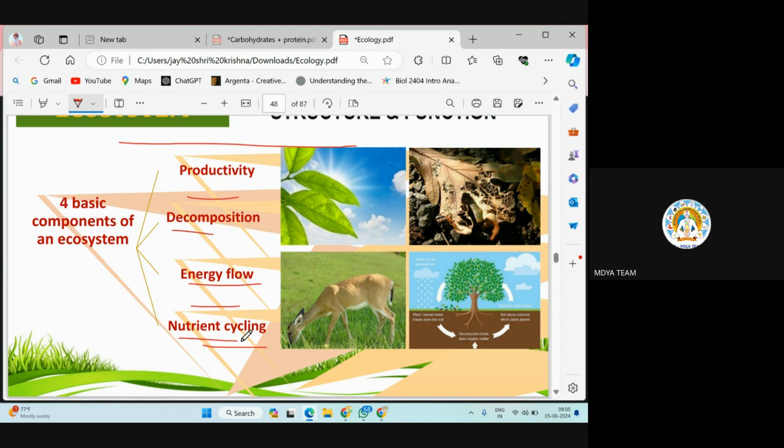Second, the plant absorbs minerals from the soil, some of the minerals are transferred to herbivores because they feed on plants, and when the herbivore dies, the minerals reach the soil again. All these mechanisms are very important in order to sustain an ecosystem.